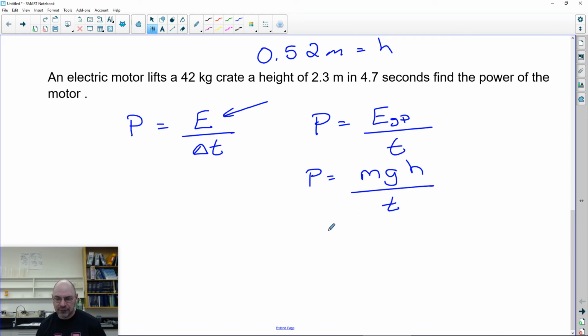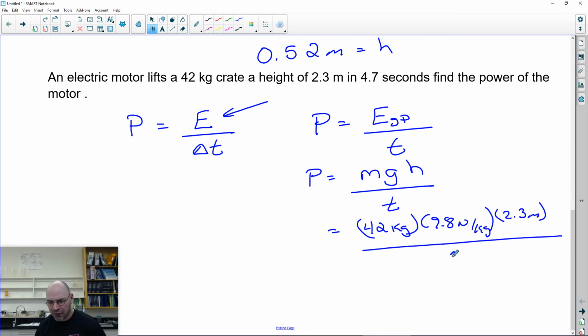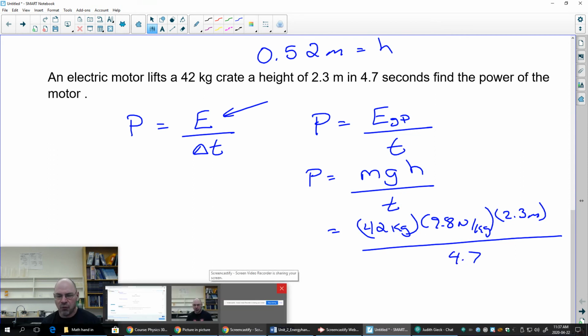And that's what you do. You plug in the numbers. So the mass of the crate was 42 kilograms. The Earth's gravitational field, 9.8 newtons per kilogram. The height that was lifted off the ground was 2.3 meters. And you did this all in 4.7 seconds. Two significant figures. We crunch those numbers together, and we'll get a power in watts.